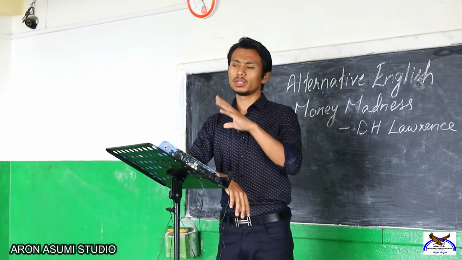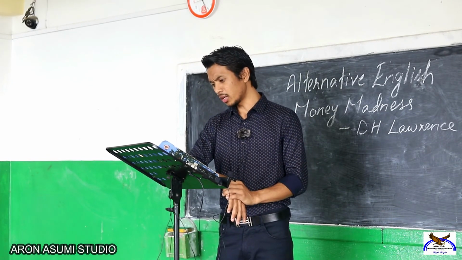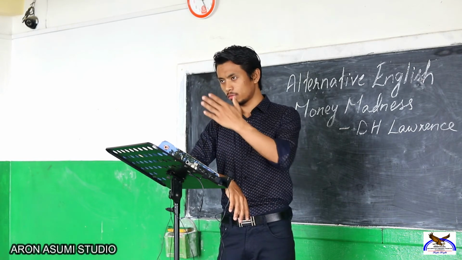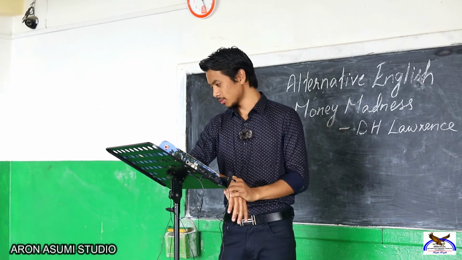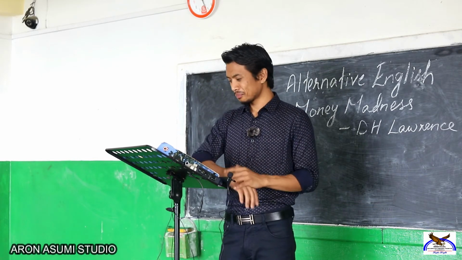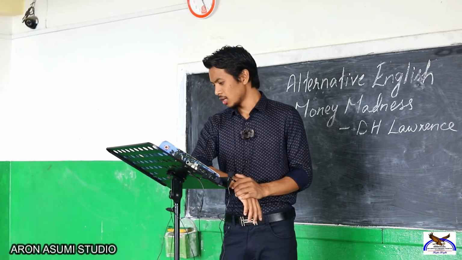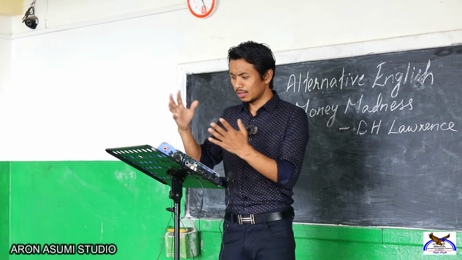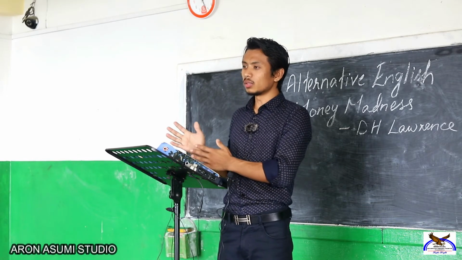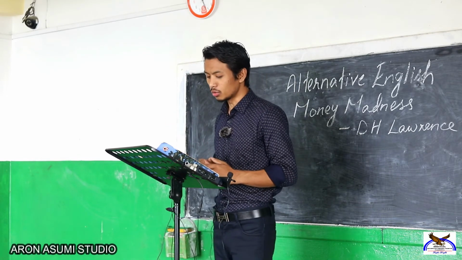Money plays a very big role in our everyday life, to secure a job or for anything. If you don't have money, you cannot achieve anything. That is the kind of world that we have transitioned into.